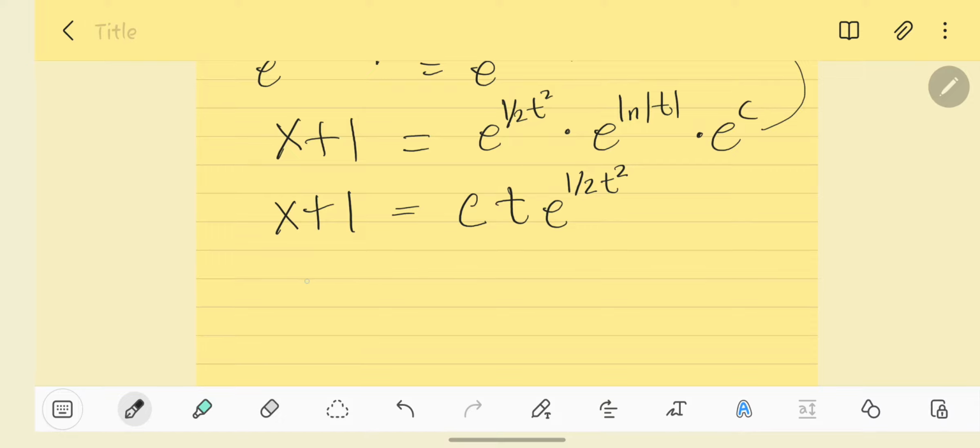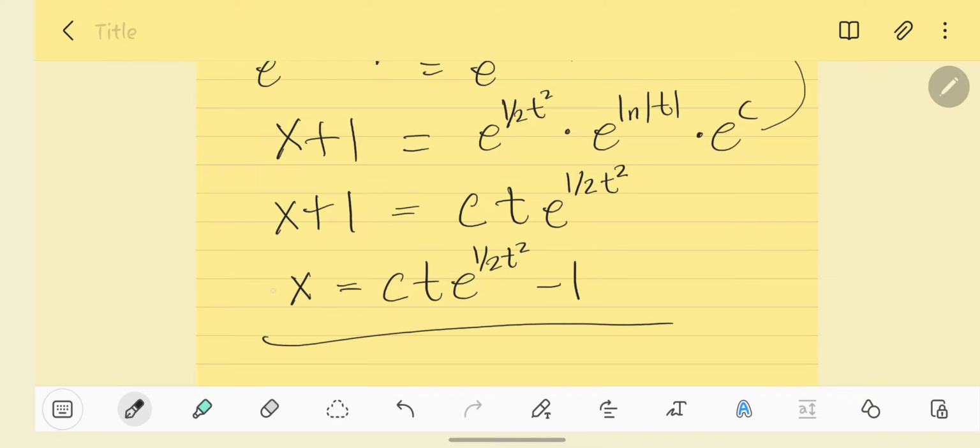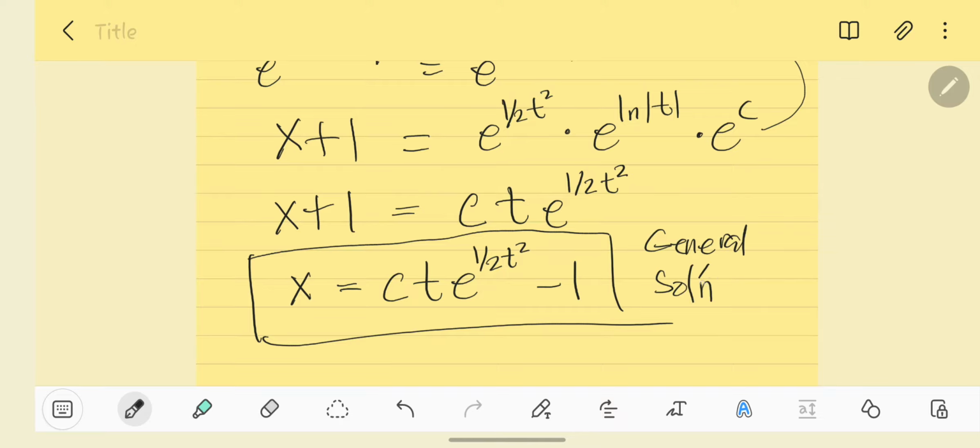Next thing is to transpose the constant to the other side. So the equation becomes x equals c times t times e to the 1/2 t squared minus 1. That's your general solution.